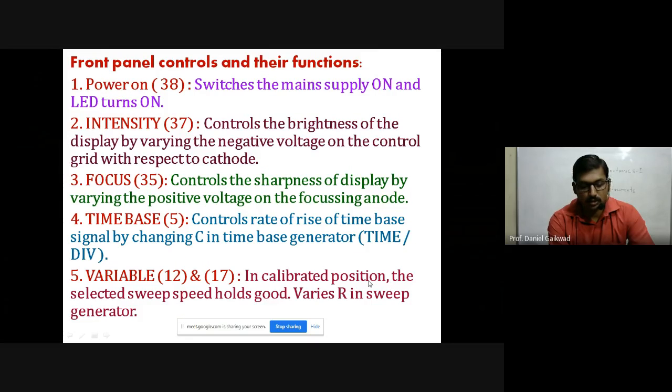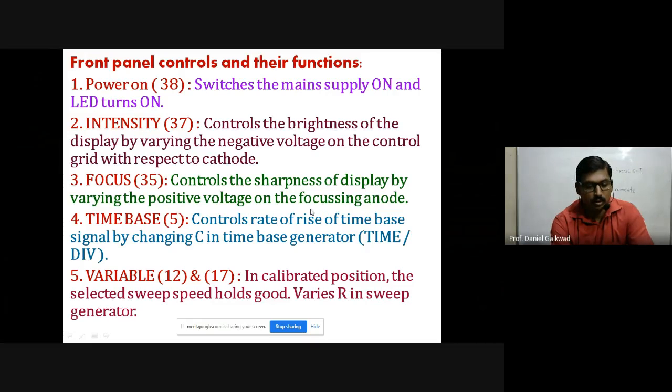In calibrated position, the selected sweep speed holds good, varying R in the sweep generator. So that will be useful for the sweep generator in case of the position of the beam. And already we have learned that by varying R in the sweep generator, we can change the speed of the electron moving from left to right.